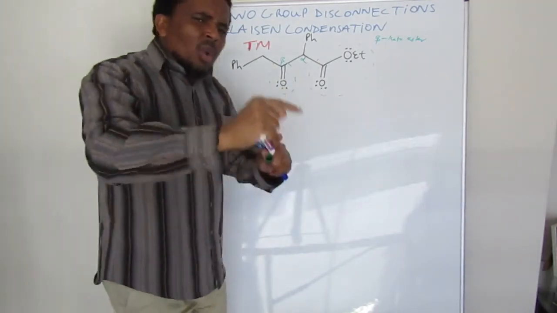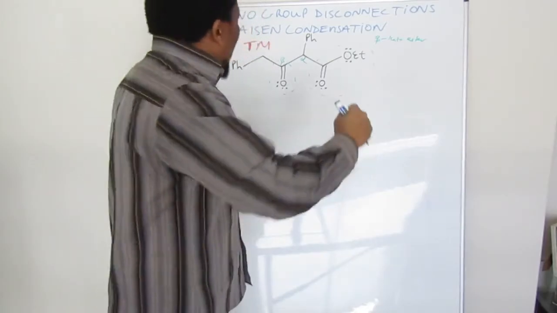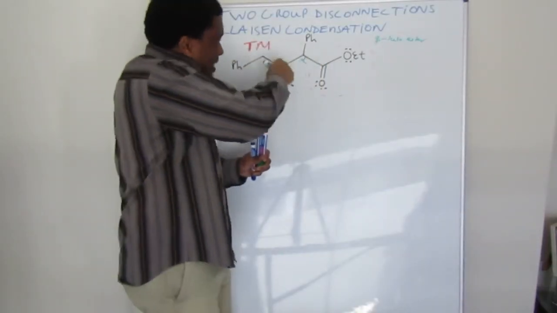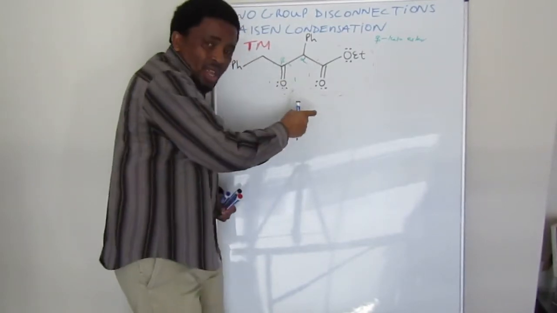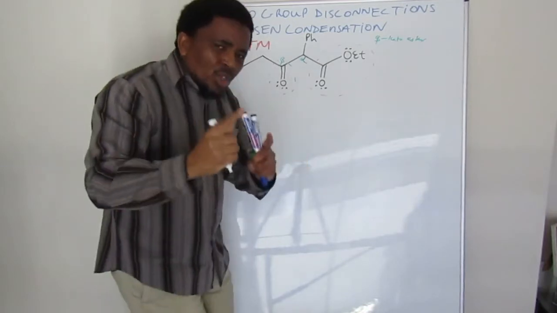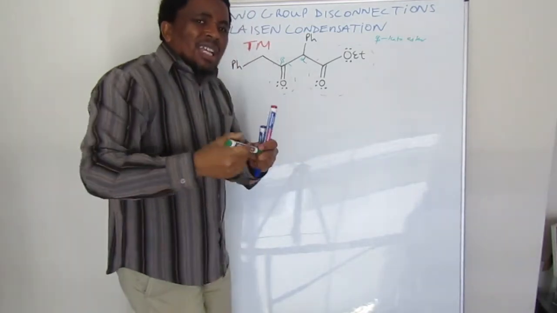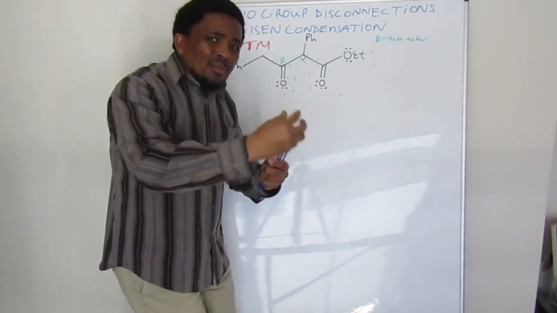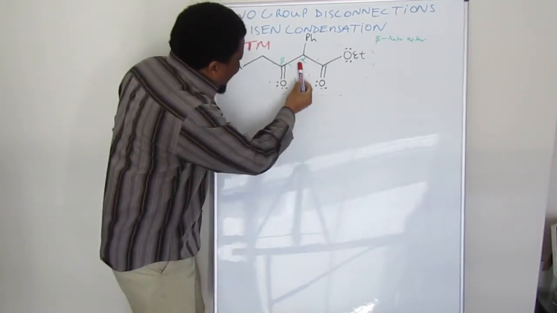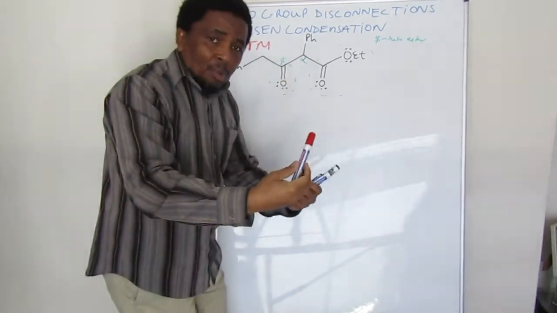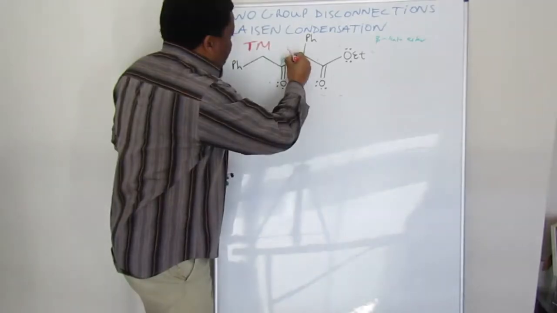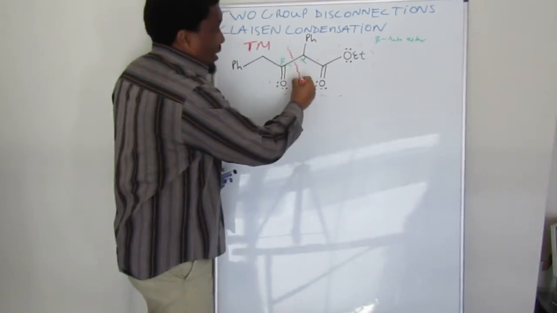Now, the question that is asked, employing this Claisen condensation, is how did we arrive here? So what then do you do in terms of retrosynthesis, in terms of your disconnection approach? You go to the alpha beta bond and break that bond.